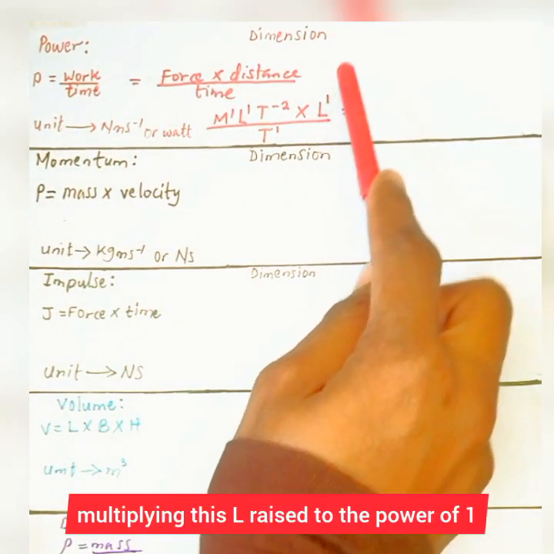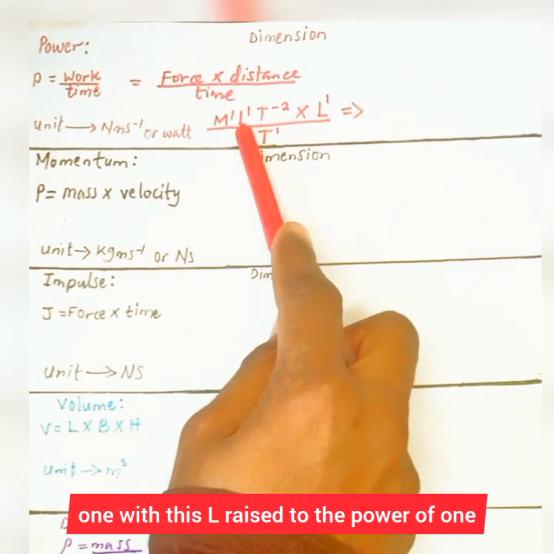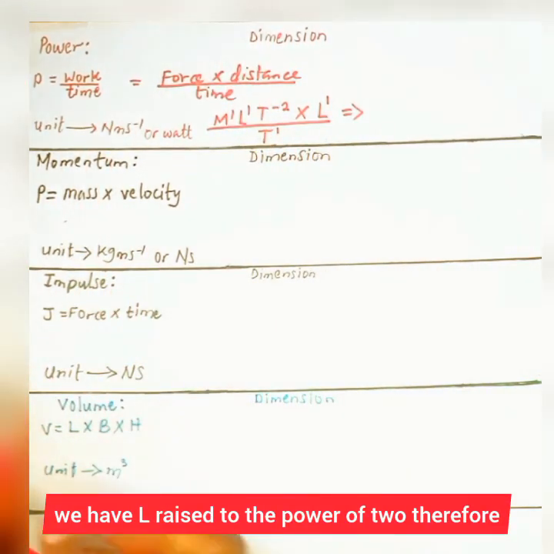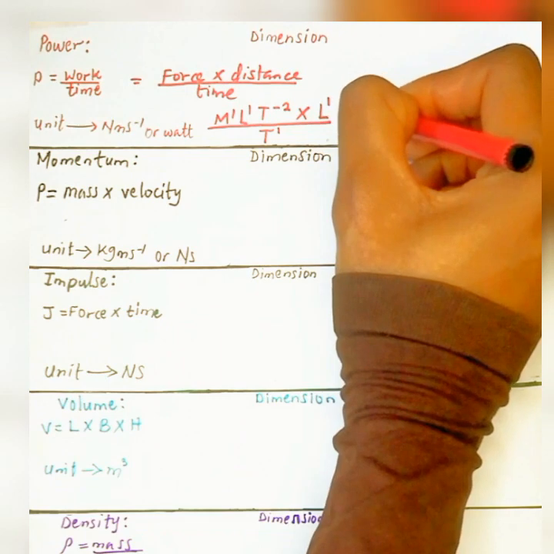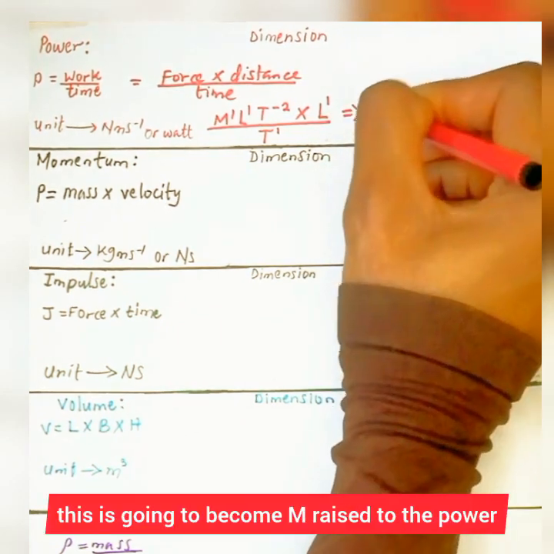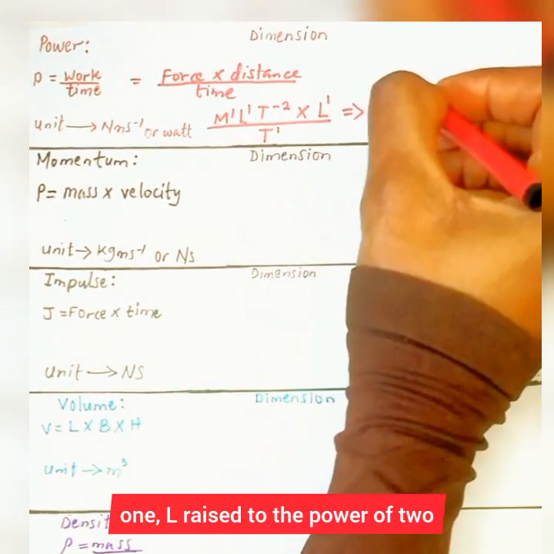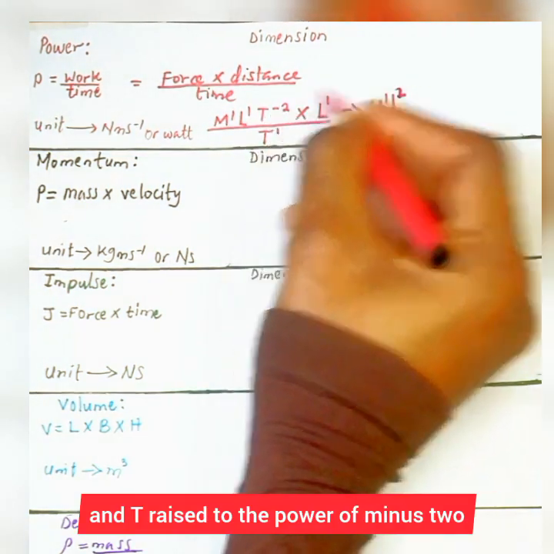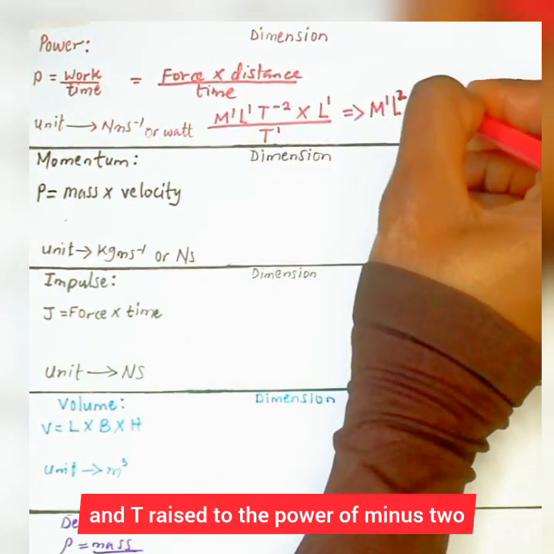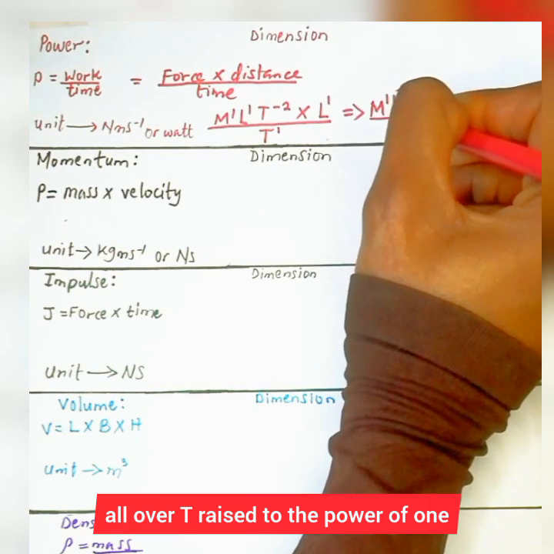Multiplying this L raised to the power of 1 with this L raised to the power of 1, we have L raised to the power of 2. Therefore, this is going to become M raised to the power of 1, L raised to the power of 2, and T raised to the power of minus 2 all over T raised to the power of 1.